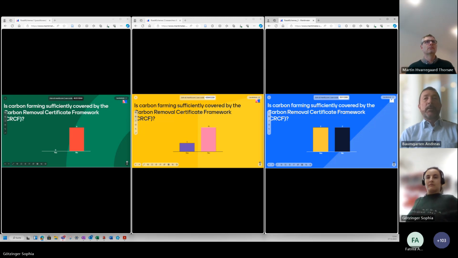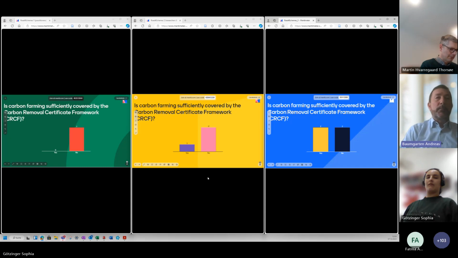However, there seems to be a tendency, especially amongst the practitioners and the researchers, that say no. So maybe this is also information for people working in respective institutions that are involved in the process of designing this carbon removal certificate framework or giving input.